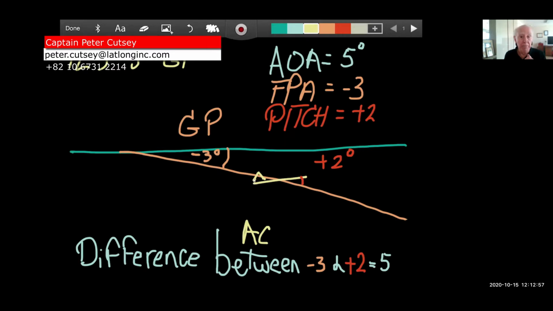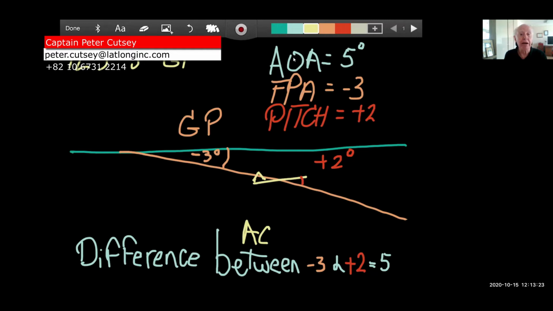Here the aircraft, this little yellow symbol, may be pitched up at, let's say for simplicity's sake, plus 2 degrees at flaps 30 on an ILS approach at max landing weight for the 737NG. So you're pitched up at plus 2 degrees, and the actual flight path angle is minus 3 degrees.